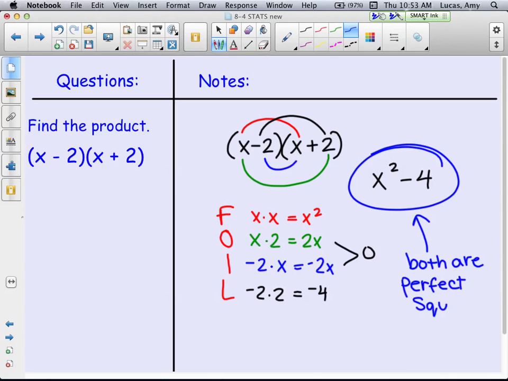So x squared and 4 are both perfect squares, and they're being subtracted. So difference does mean subtraction. Difference of squares was not referring to the two binomials that we're starting with, but instead referring to the answer.